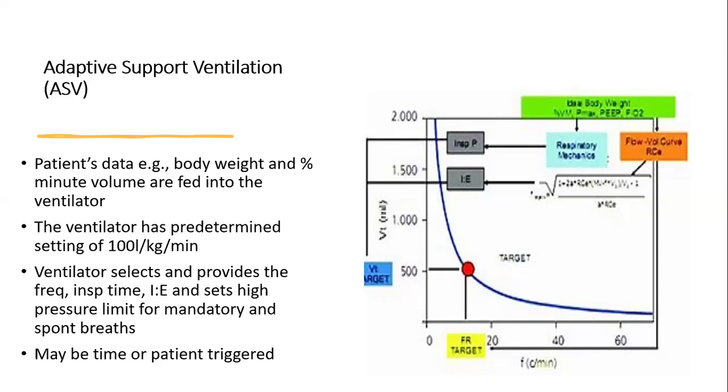I want the patient to have so percentage of minute volume that I want the ventilator to deliver. You feed that into the ventilator, and the ventilator, using its computer, selects the frequency, the inspiratory time, and all the parameters that are required to meet the ventilatory requirements of the patient. So this is what we call adaptive support ventilation.